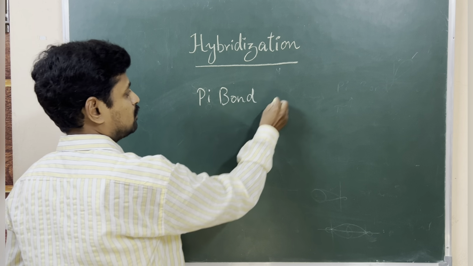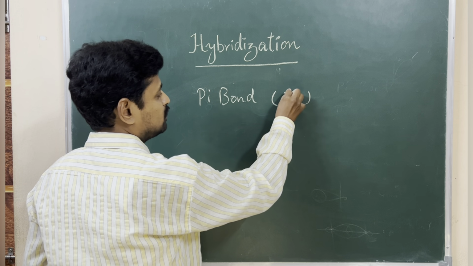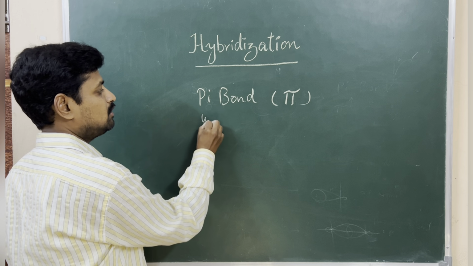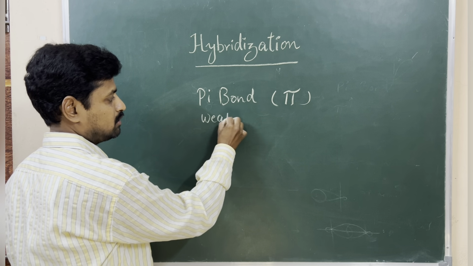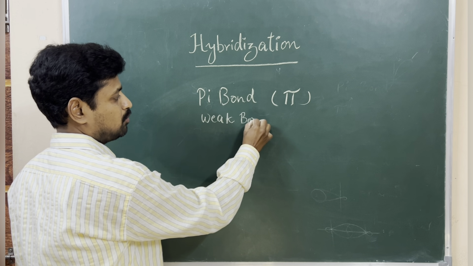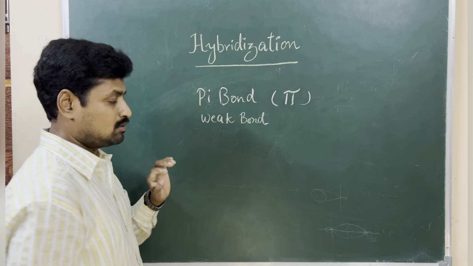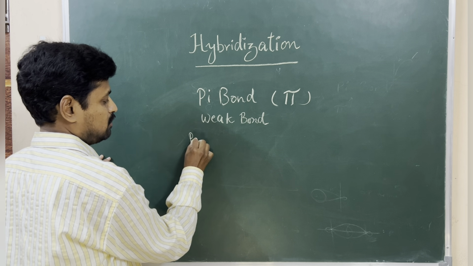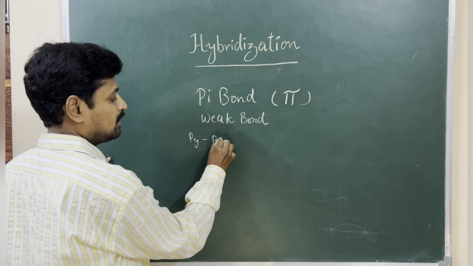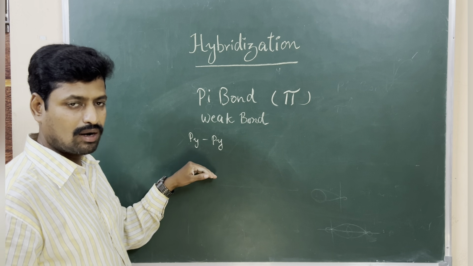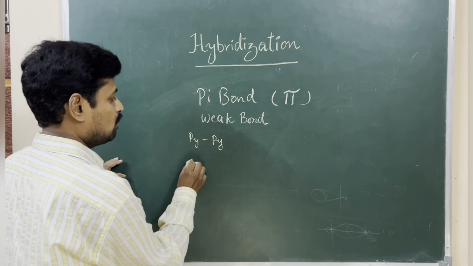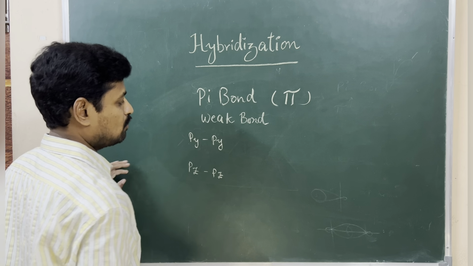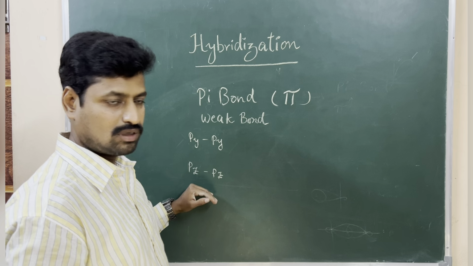Pi bond is generally a weak bond. In a pi bond, py orbital overlapping is observed, or pz overlapping of orbitals is observed.